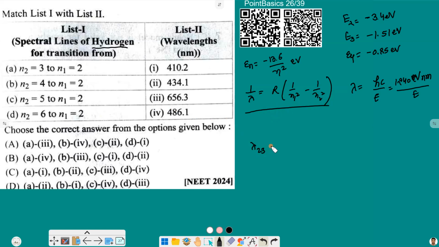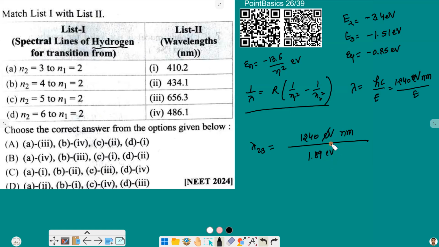So lambda 23 will be equal to 1240 electron volt nanometer divided by the energy difference between the second and third levels, that will be equal to 3.4 minus 1.51, and that will be 1.89 electron volt.